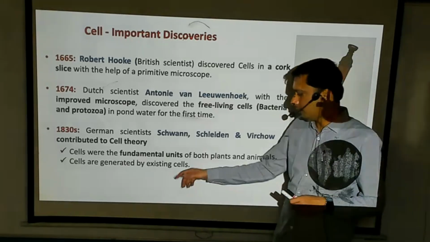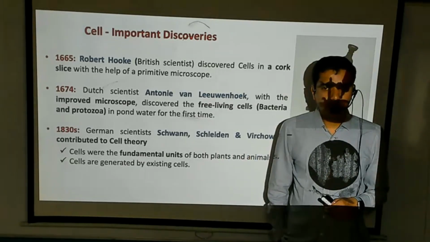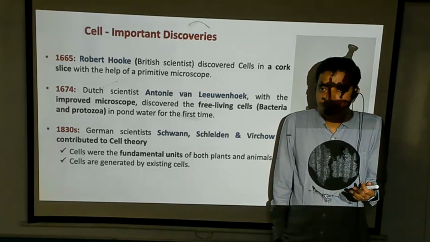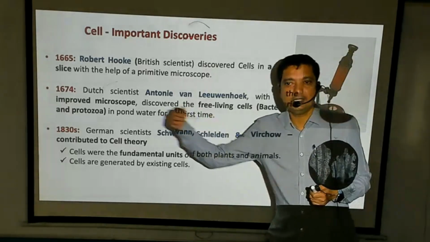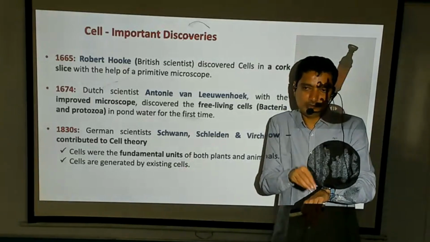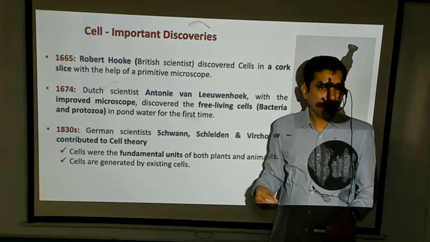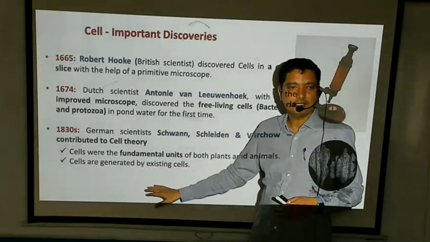And then later on, it was Virchow who found out where all these cells are coming from. He said cells are coming from already existing, pre-existing cells. We have a few cells, those cells give rise to more cells. Like that, cells are generated from existing cells.